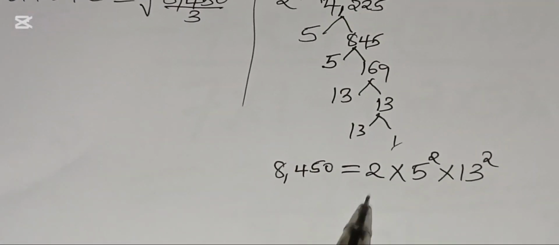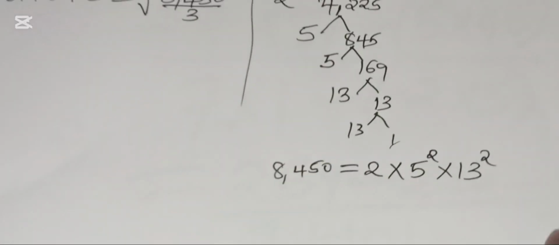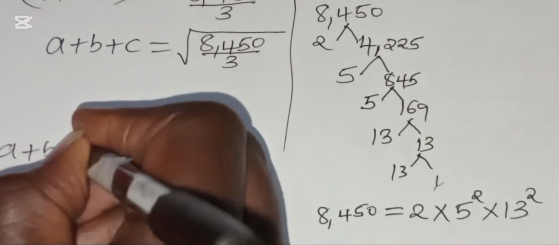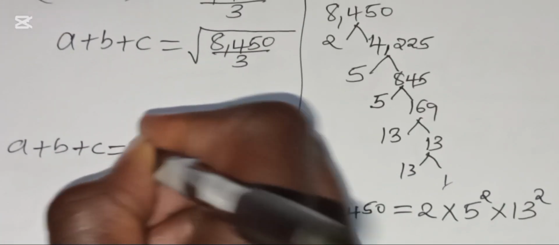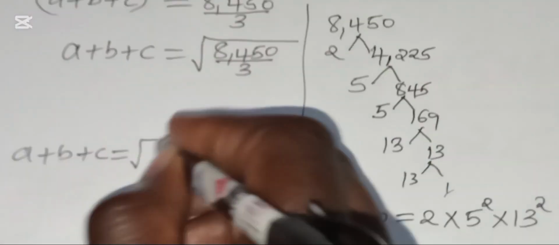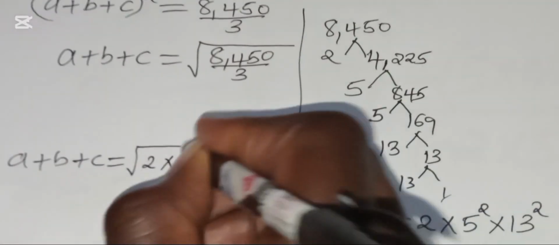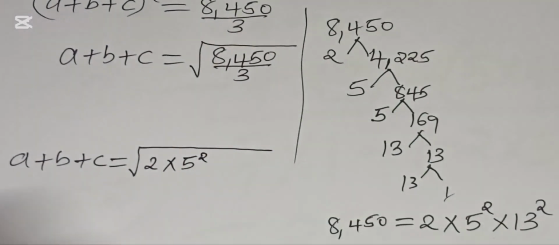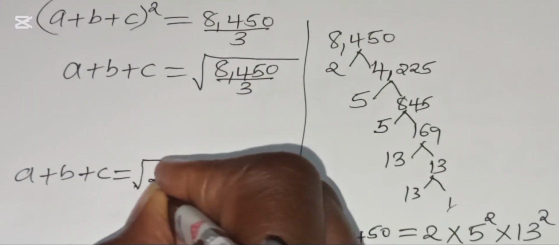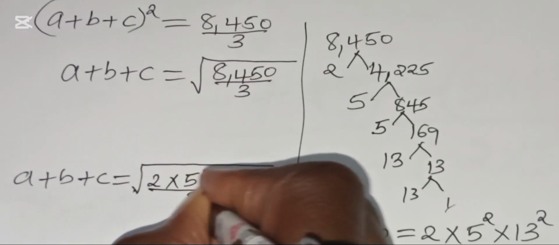Let's substitute these values here, so that we're going to have a plus b plus c equal to the square root of 2 multiplied by 5 squared multiplied by 13 squared, divided by 3.